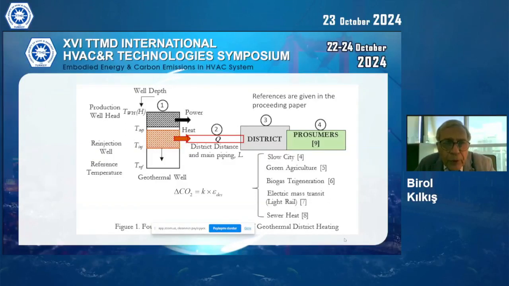The first one is the geothermal well itself. Provided there is enough enthalpy in the geothermal well fluid, we can get power, electricity, and heat at the same time. The heat may be distributed through a district circuit to feed the district for heating, and probably local cooling using absorption or adsorption cooling systems if the temperature is high enough.